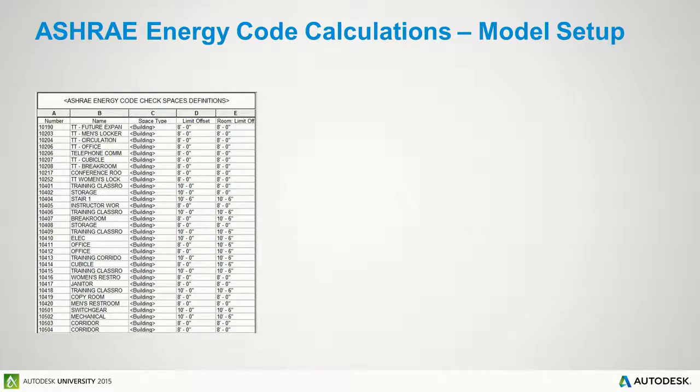So on this schedule, we've created the spaces. Then we've used a plug-in tool that Autodesk provides called the Space Naming Utility. What the Space Naming Utility does is it looks at the architectural model and says, these are the room names and numbers, and then matches those to our spaces. So we're able to grab the room name and number across the link and assign it to our spaces.